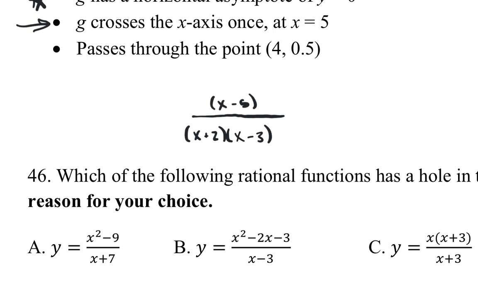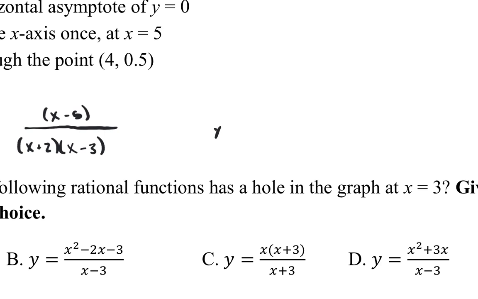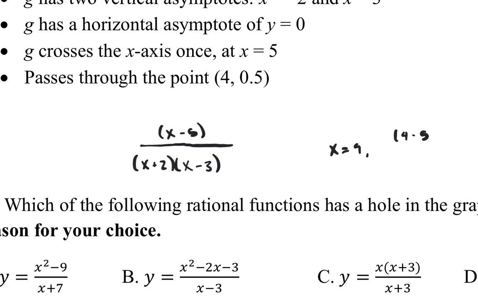Now, I'm also going to go ahead and move on to this part where we know that it passes through the point (4, 0.5). So when x is 4, I'm going to add a little multiplier here just so that we can solve for that.